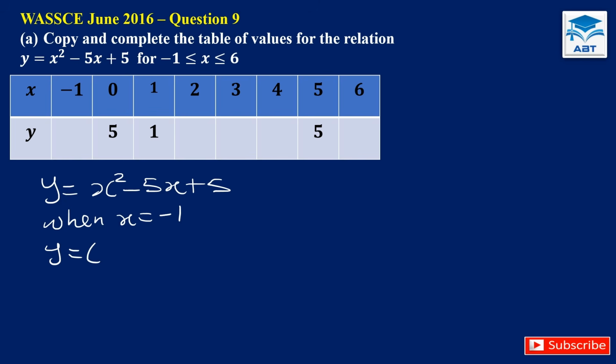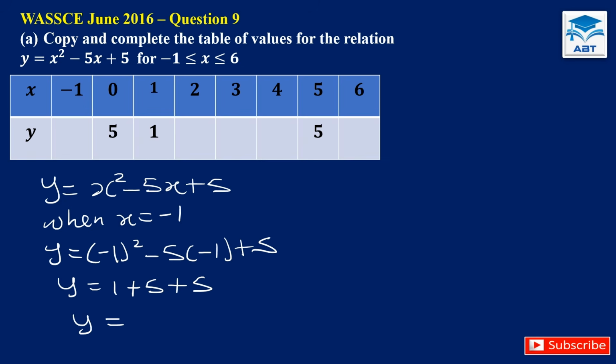So y is equal to -1 squared minus 5 times -1 plus 5. -1 squared is 1. -5 times -1 is +5, and we have +5 here. So 1 plus 5 plus 5 is 11. It means that when x is -1, y is 11.